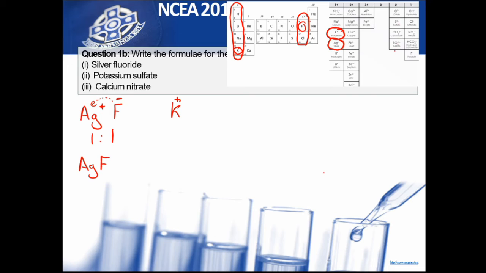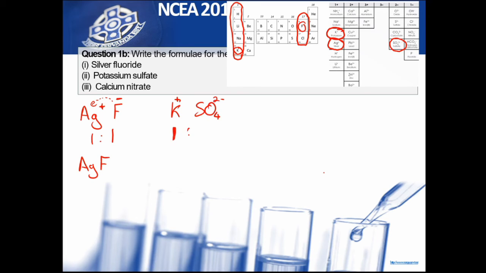So sulfate, you have to remember it's more than 1 atom, so it's a polyatomic ion. If it's an ide, you only have sulfur. Look at the charge, it's 2 minus, so SO4 2 minus.